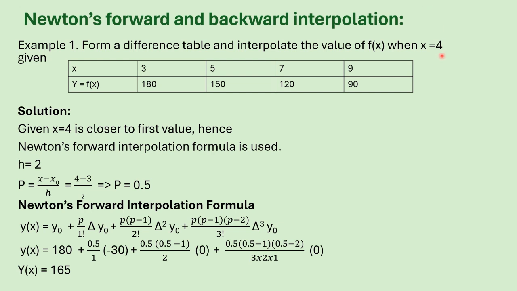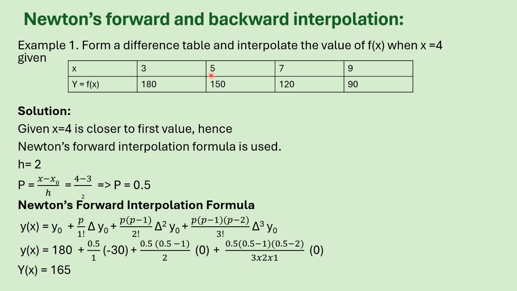If the value to be interpolated is close to the first value, then we have to use Newton's forward interpolation formula. If the value to be interpolated is close to the last value, or towards the end of the table, then we have to use Newton's backward interpolation formula. In this case, x is equal to 4, which is close to the first value. Hence, here Newton's forward interpolation formula is used.